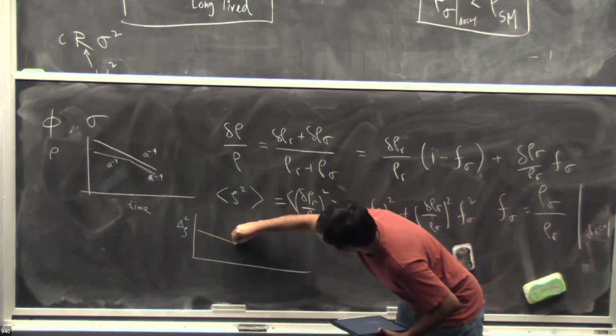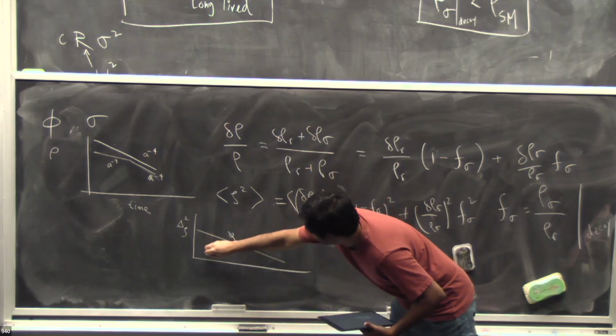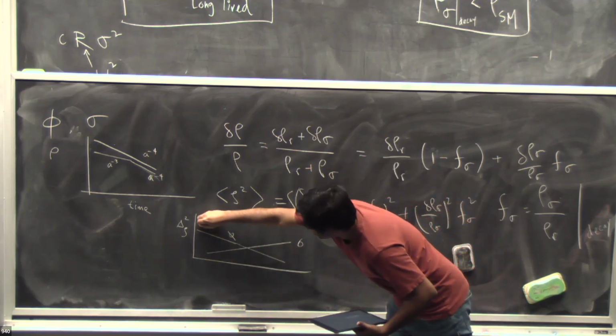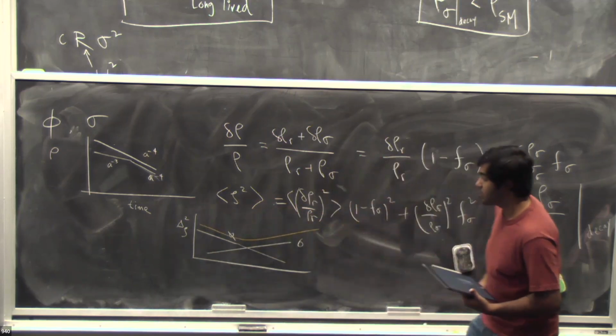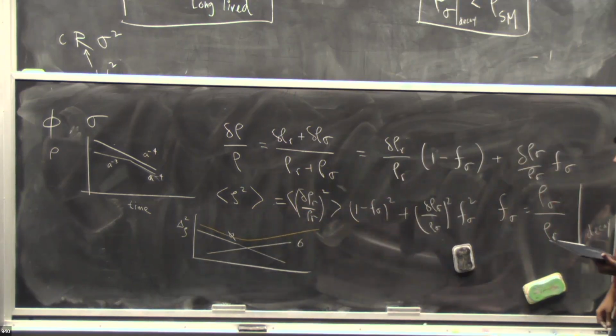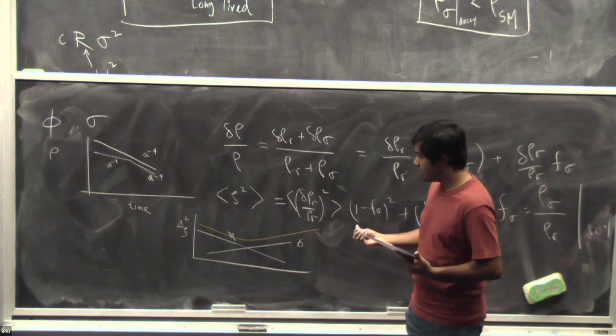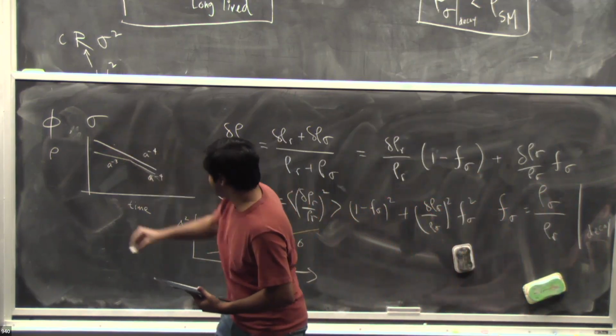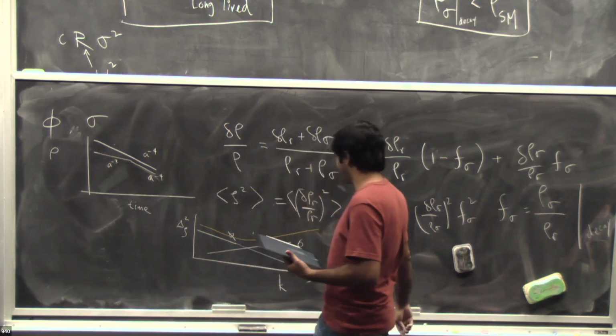So you basically have this contribution from phi, and this contribution from sigma. If you put them together, you can have a situation which is like this. The x-axis is the same as that, so it's still k. Oh, it's k. Yeah. Okay.